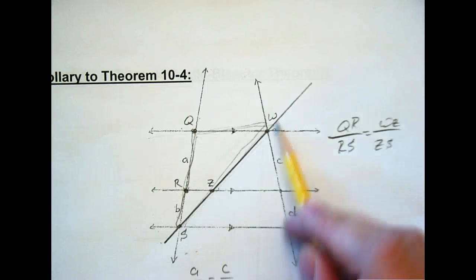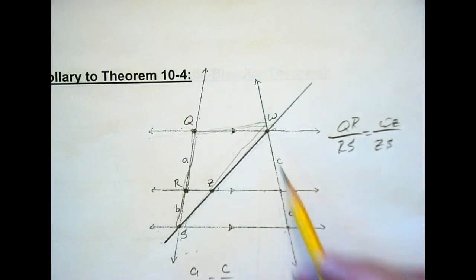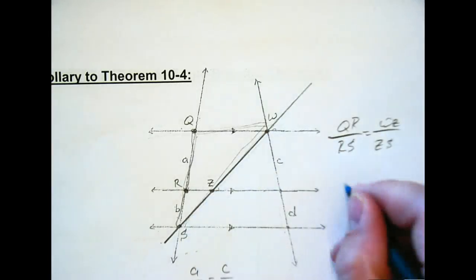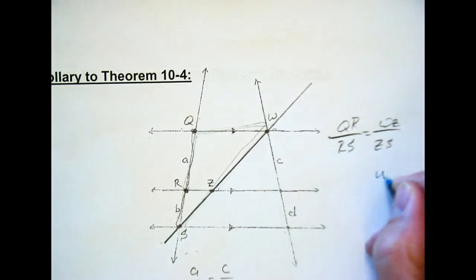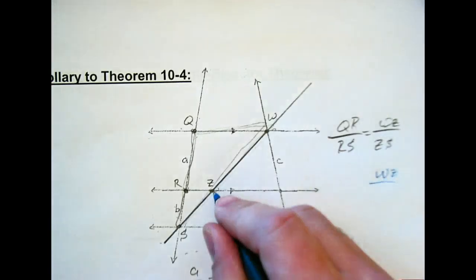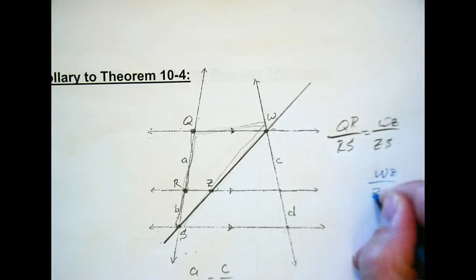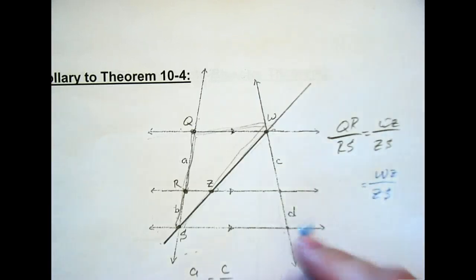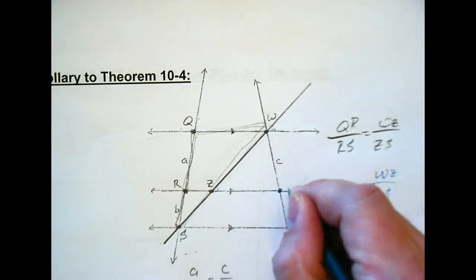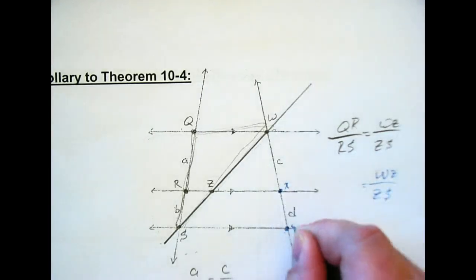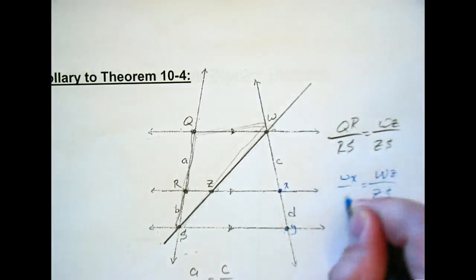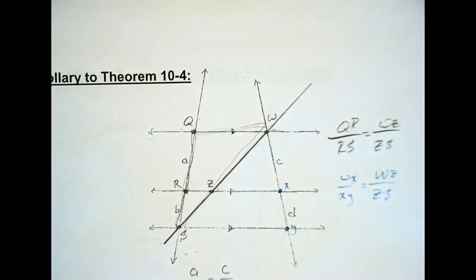How many see the other triangle? Okay, from that triangle, we could get WZ to ZS as? Oh, we need another point. Let's call that one X. That one Y, just because we're creative like that. How many see that?